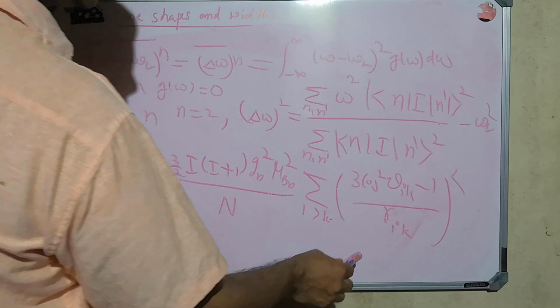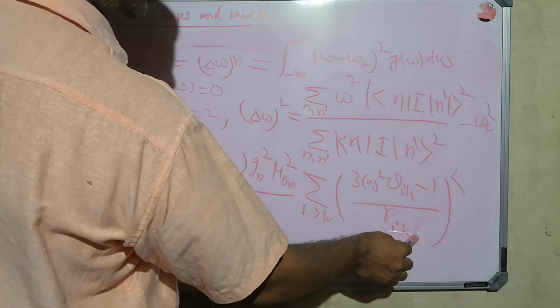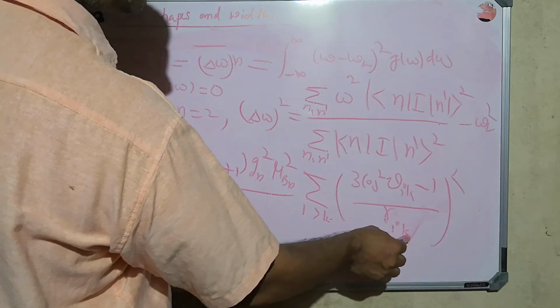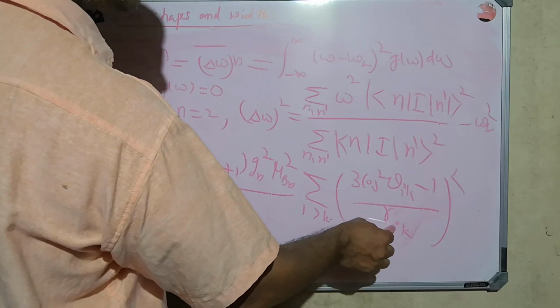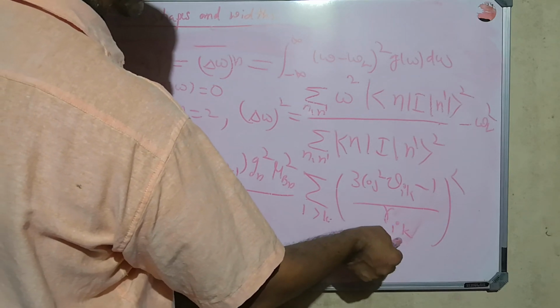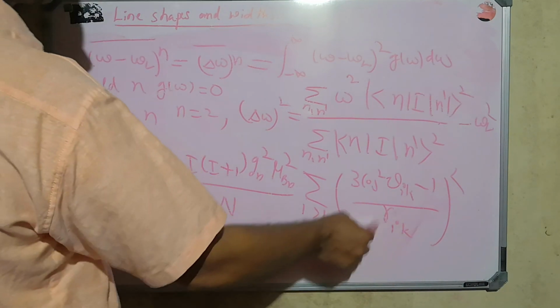If you consider i is equal to 1, k is equal to 0, then you can consider how much distance there is between 1 and 0. If i is equal to 2, the second one, right? Likewise, for all nuclei you have to take the summation.